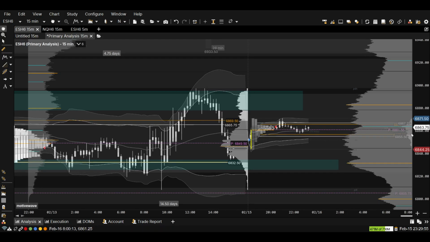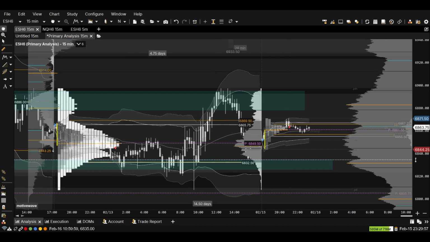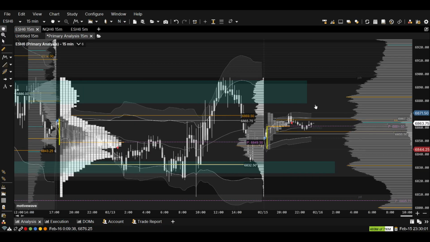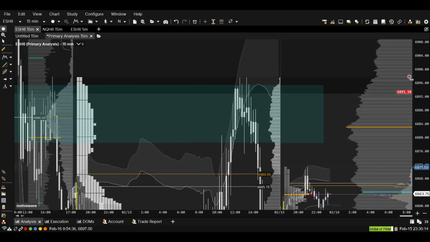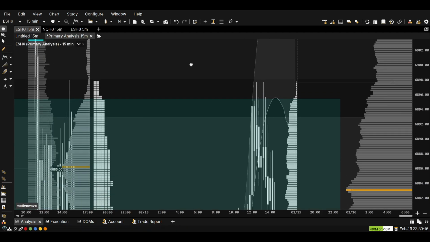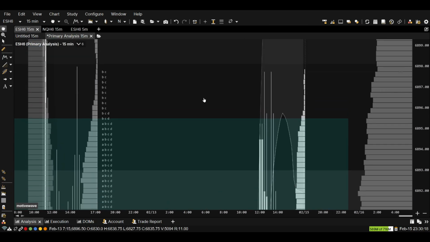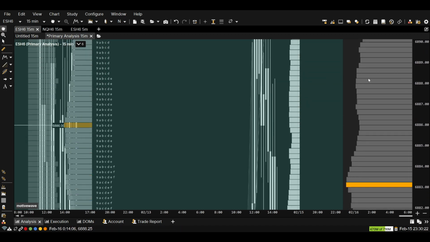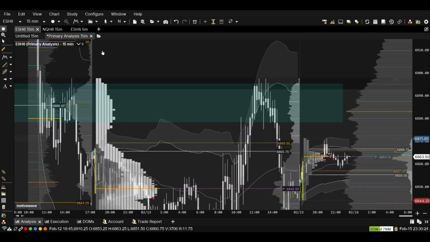So we open this week above the point of control of Friday, and we have something very important here. Poor highs, very good poor highs.